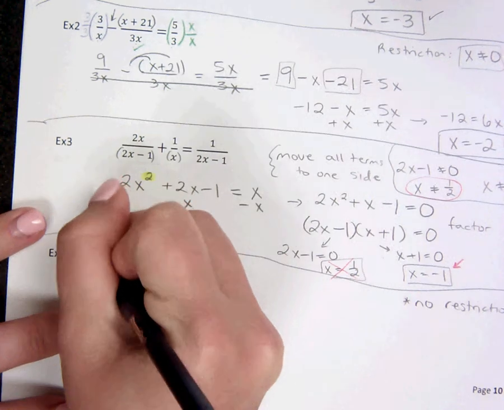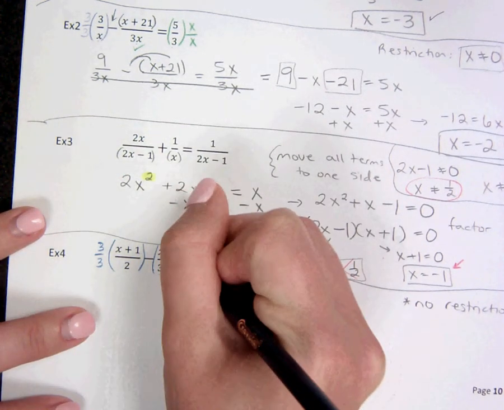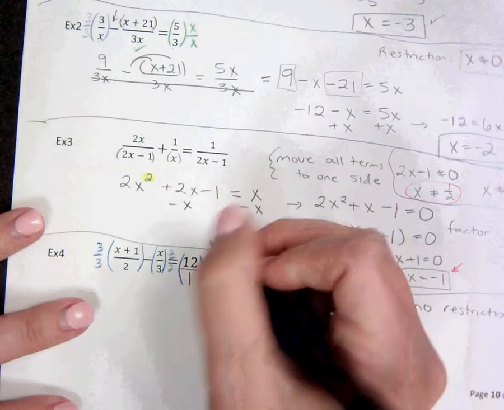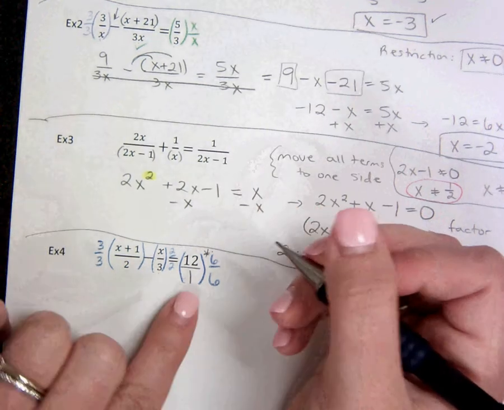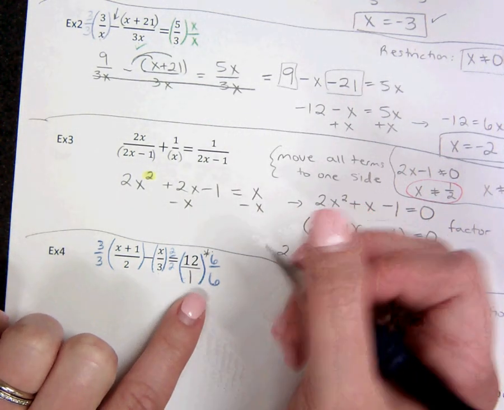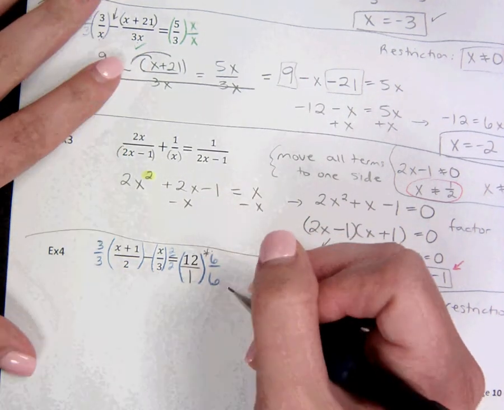This is going to be multiplied by 3. This will be multiplied by 2. That'll be multiplied by 6. A lot of students forget about the one that's all by itself, especially when it's an integer. So make a special note that the term by itself also needs that common denominator.